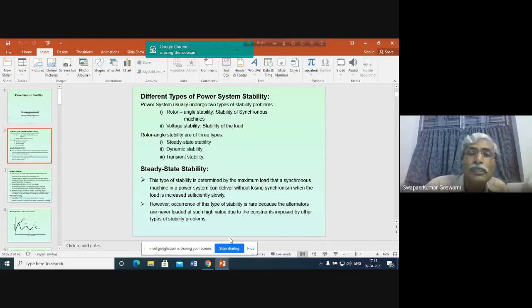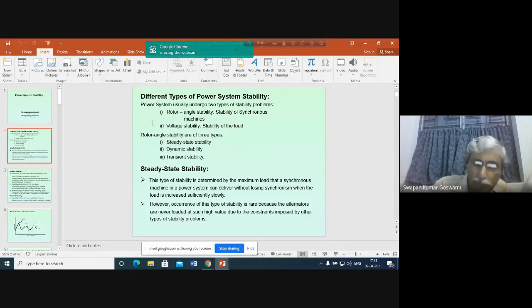So broadly, we can classify stability in two ways. One is the rotor angle stability, or the stability of synchronous generators, and the stability of load, that is called the voltage stability. This is broadly how we can define and classify stability.